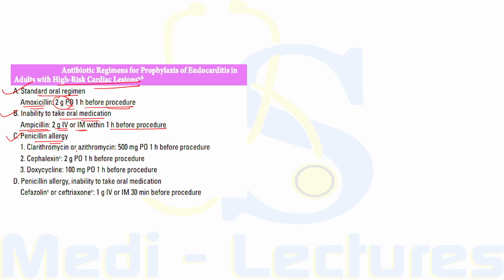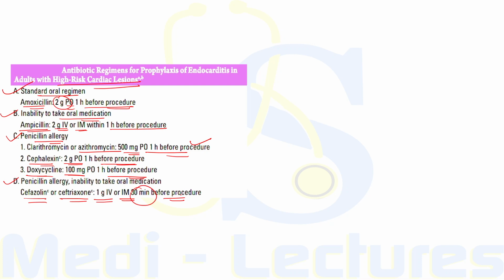We can either give macrolide, azithromycin 500 milligram per orally 1 hour before procedure, cephalexin 2 gram per orally 1 hour before procedure, or doxycycline 100 milligram per orally 1 hour before the procedure. What if patient has penicillin allergy, also is unable to take oral medication? Then also we have cefazolin or ceftriaxone, which can be given 1 gram IV or IM 30 minutes before the procedure.